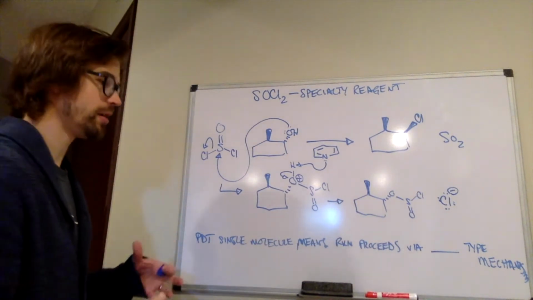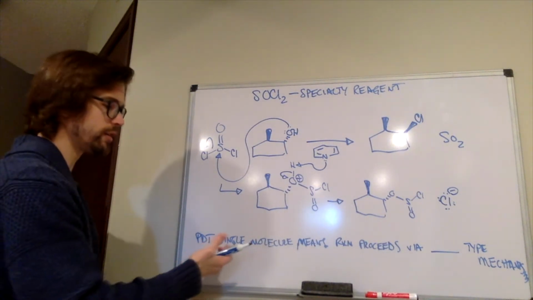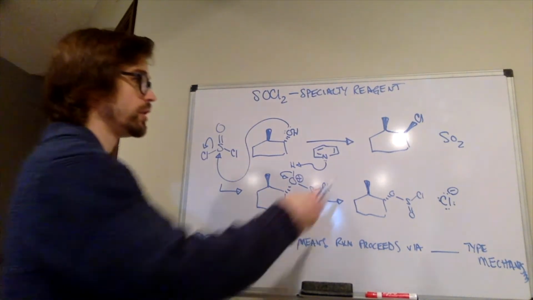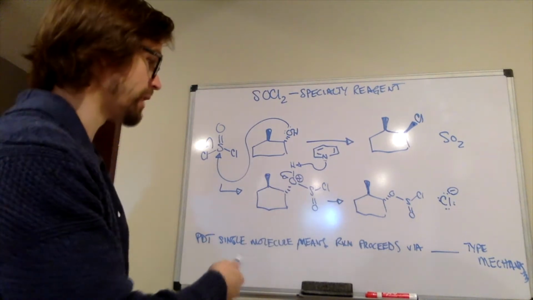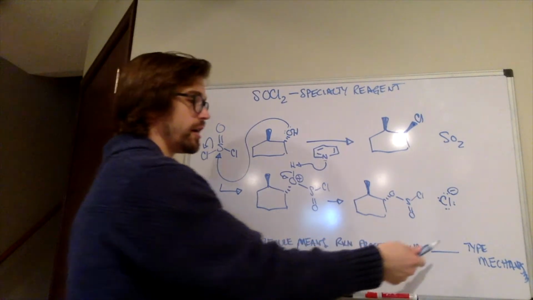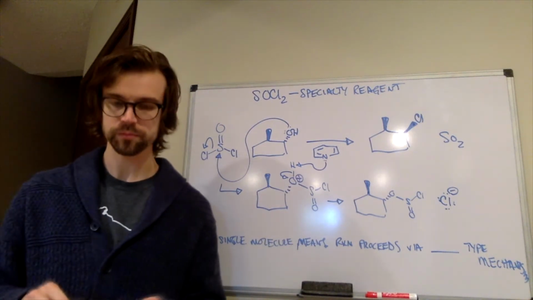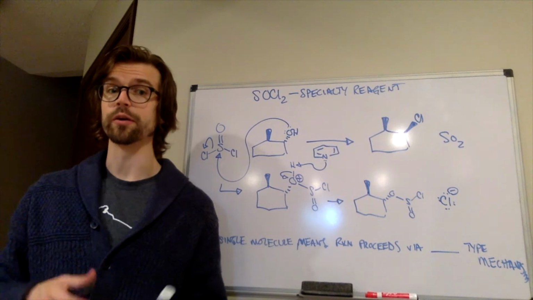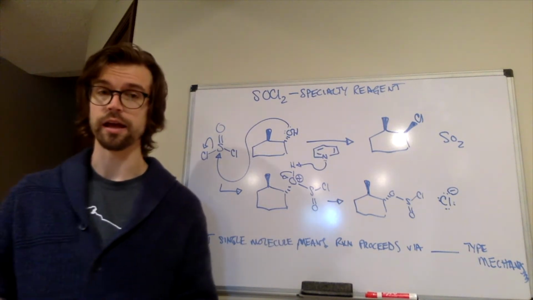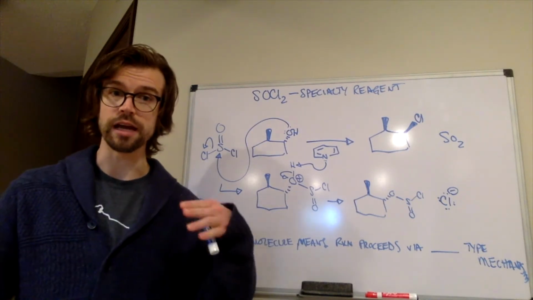Now I want to bring your attention to this bottom statement on the course packet. The product is a single molecule, so I don't have anything wavy up here. That must mean that the reaction proceeds via a blank type mechanism. What would belong down there? If it was a unimolecular type mechanism, that would mean that we were going through a carbocation, and that would mean that the nucleophile could add to either side, right?